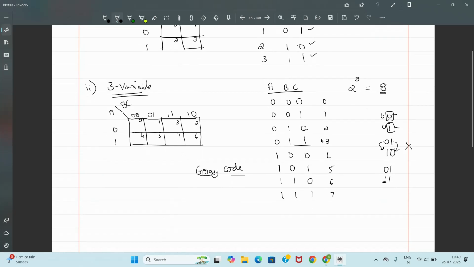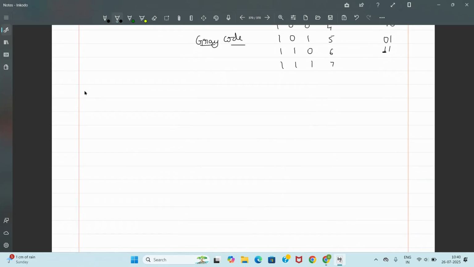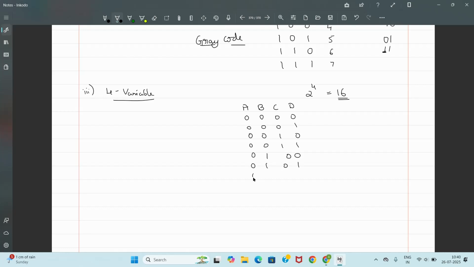Now coming to the next one, that is the four variable K-map. Now you have 2 power 4, which means a total of 16 combinations. So I have to take 4 input variables A, B, C, D. Then I'll have 16 combinations. Then comes 0, 1, 0, 0, 0, 1, 0, 1.